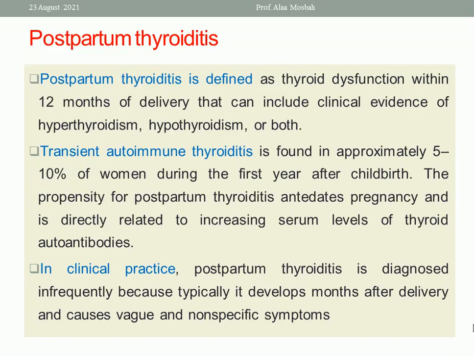Okay, transient autoimmune thyroiditis is found in approximately 5 to 10% of women during the first year after childbirth. The propensity for postpartum thyroiditis antedates pregnancy and is directly related to increased serum level of thyroid autoantibodies. In clinical practice, postpartum thyroiditis is diagnosed infrequently because typically it develops months after delivery and causes vague and non-specific symptoms.